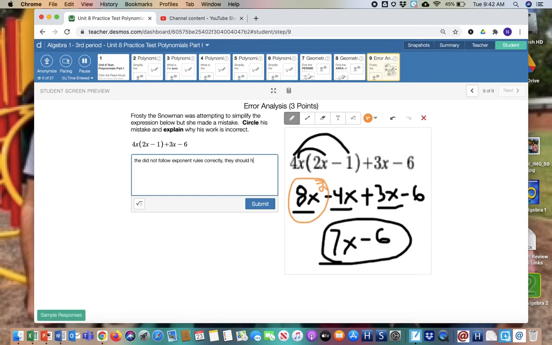They should have added the 1 and 1 to get an exponent of 2. This meant they then combined the wrong like terms. As a result, they combined all this when they shouldn't have.